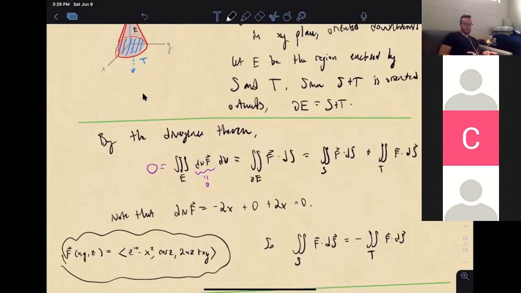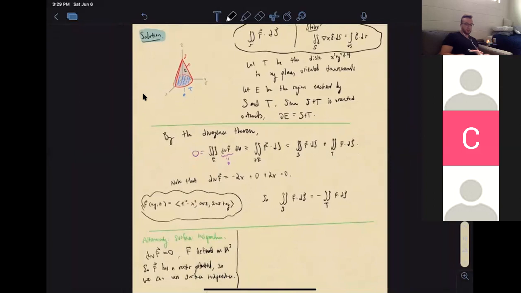And in particular, using surface independence, we could pick this new surface and, up to orientation, say that integrating over this is going to be the same as integrating over this. Since we decided to orient T downwards, the boundary orientations will not agree, which is why we get a negative sign here.